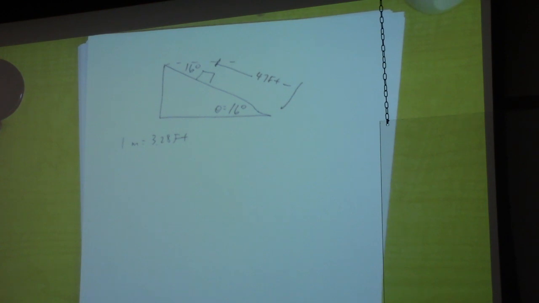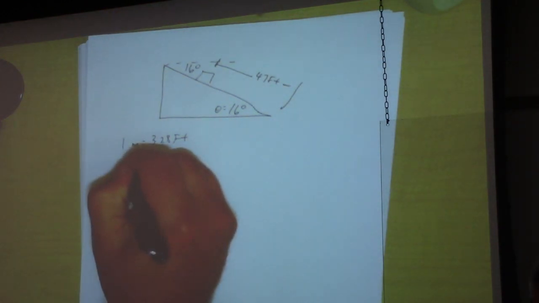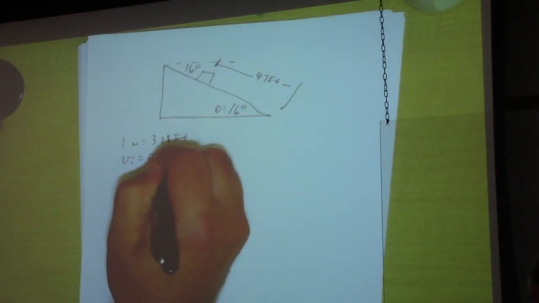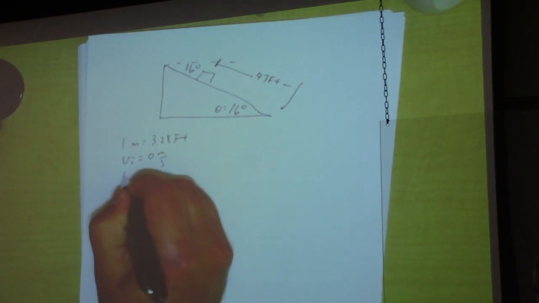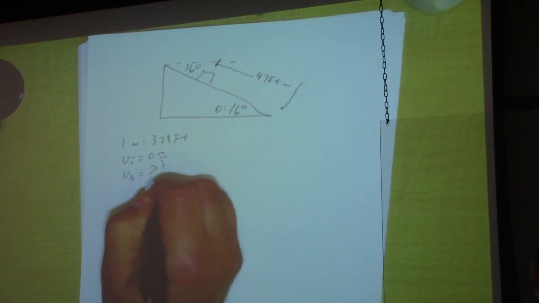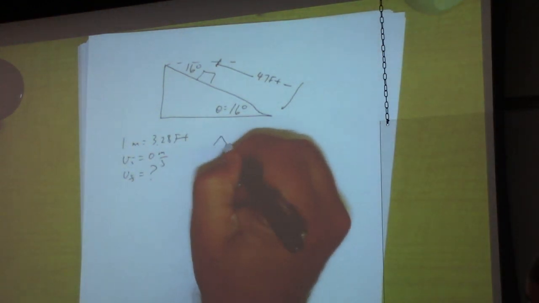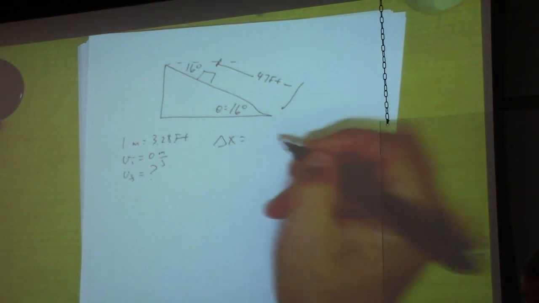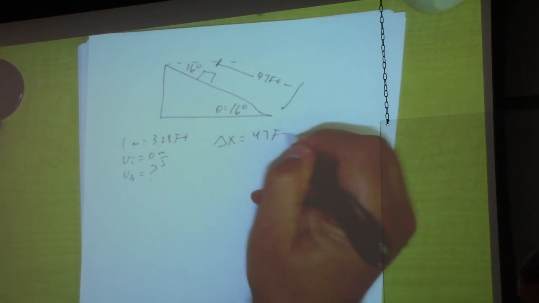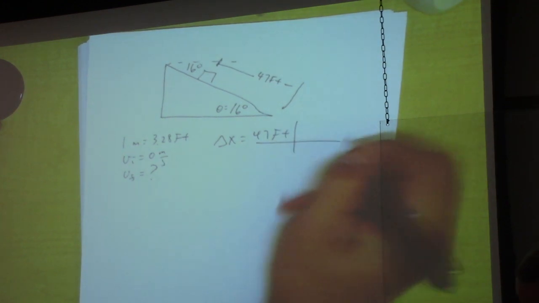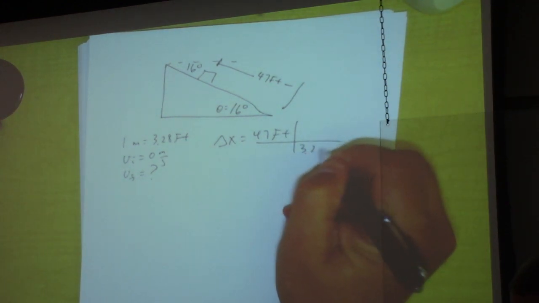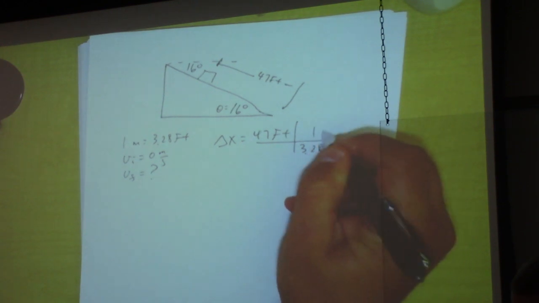Okay, and starting from rest. And then what's our final speed? Okay? And really, the displacement that we have, we'll have to do a little bit of work, but it's 47 feet. And then we know it's 3.28 feet per 1 meter.